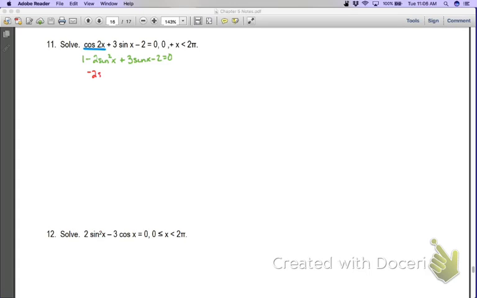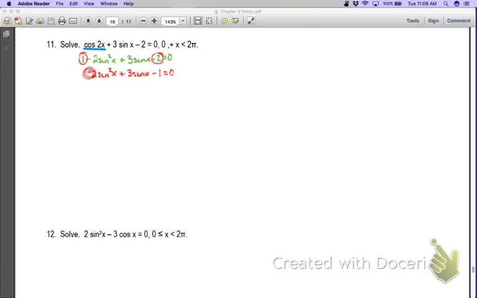So negative 2 sine squared x. Nothing changes with the plus 3 sine of x. I do need to combine my terms and have 1 minus 2, so negative 1 equal to 0. Now, just like on the previous example, I need to get rid of that negative 1.